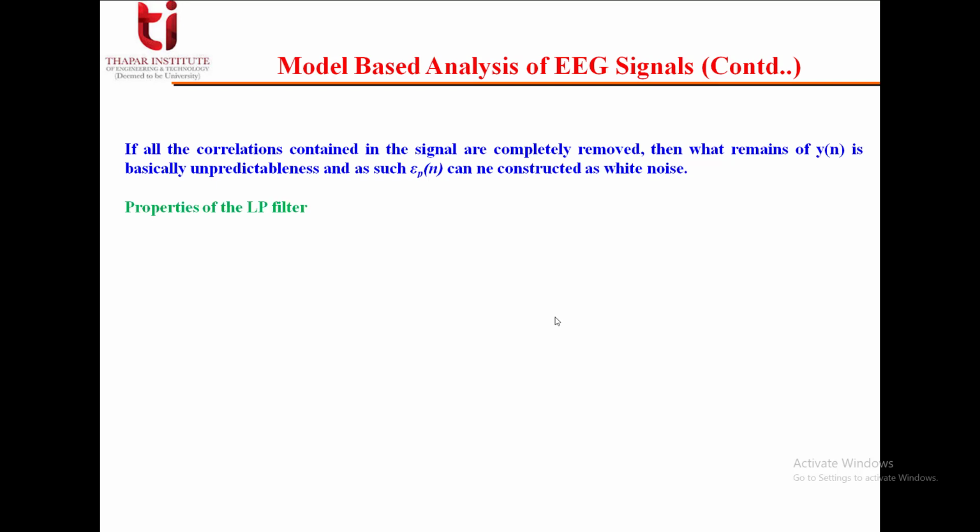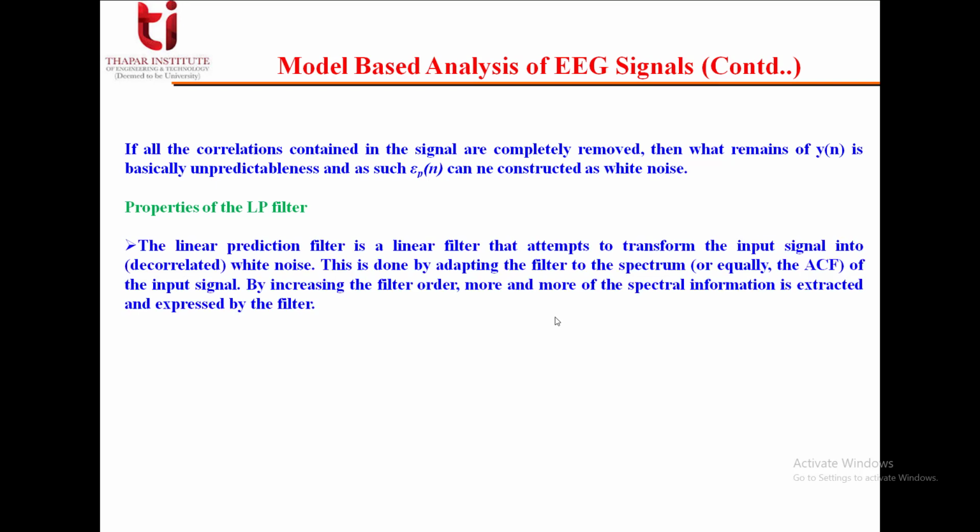Now we have some properties of the linear prediction filter. It is a linear filter that attempts to transform the input signal into decorrelated, or white, noise. This is done by adapting the filter to the spectrum, or the autocorrelation function, of the input signal. By increasing the filter order, more and more of the spectral information is extracted and expressed by the filter.